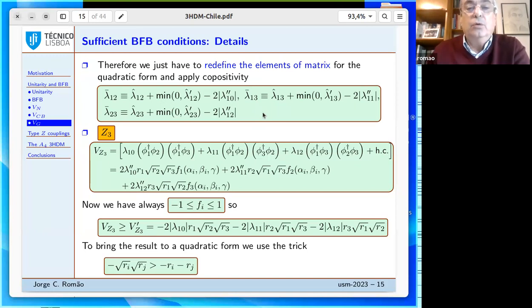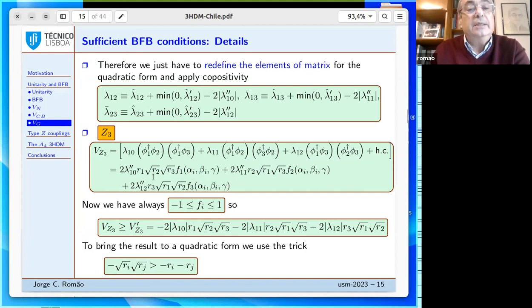In Z3, you do the same thing, but now once you substitute the phi I by the expressions that I was giving before, essentially two things happen. First, there are some functions here that depend on alpha I and beta I, which was not the case before.